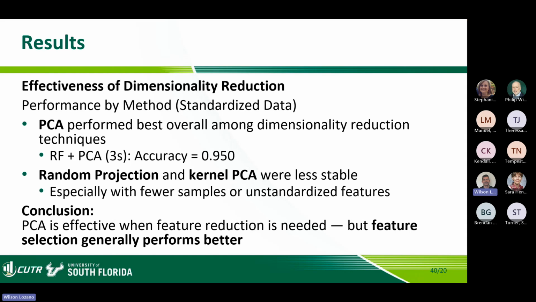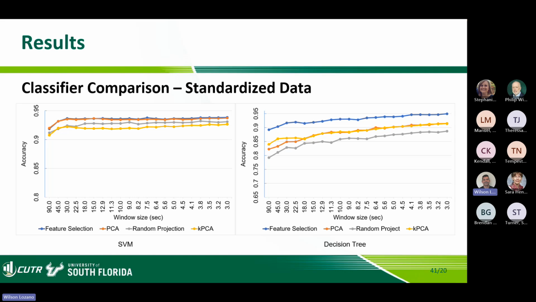Random projection and kernel PCA were less stable, especially with fewer samples or under standardized data features. In conclusion, PCA is effective when feature reduction is needed, but again, feature selection generally performs better. So these dimensionality reduction techniques might not be necessary.